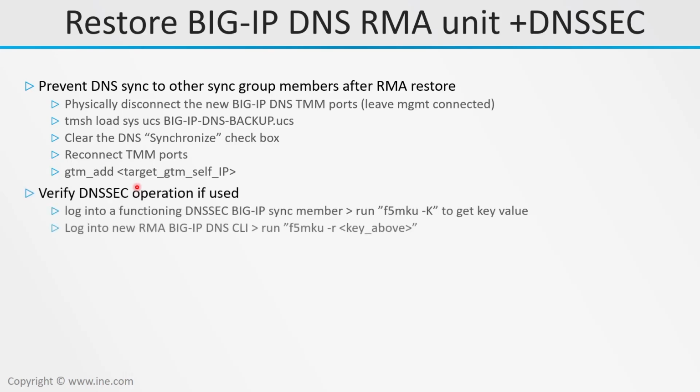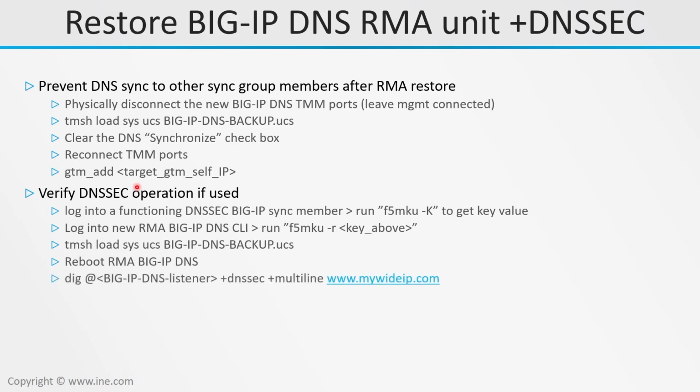Okay? If you have DNSSEC on top of that, or you have used DNSSEC in the previous configuration, we'll need some additional steps. You can insert these steps into right about here for the normal process. So, verifying the DNSSEC operation, we can log into an existing DNSSEC BIG-IP sync member.